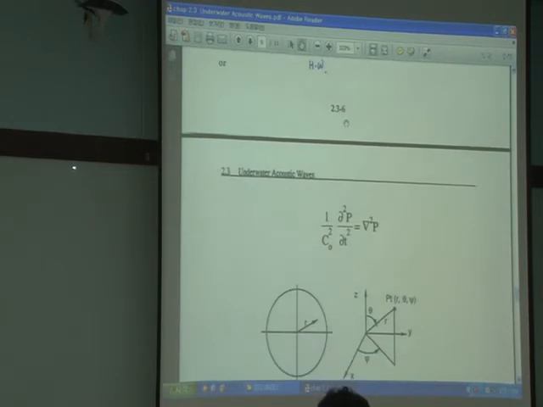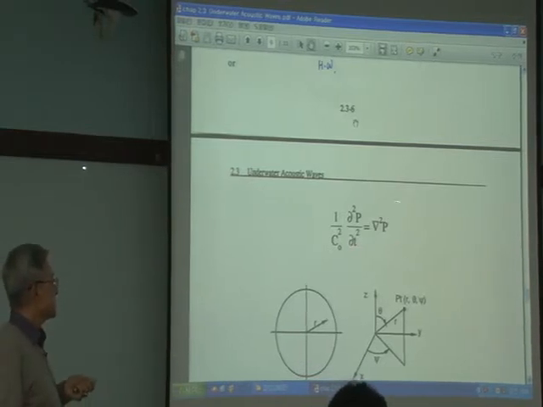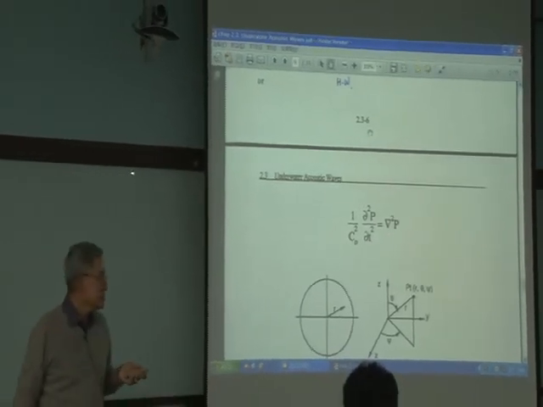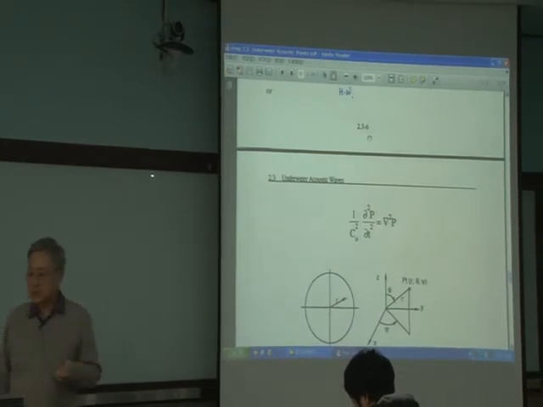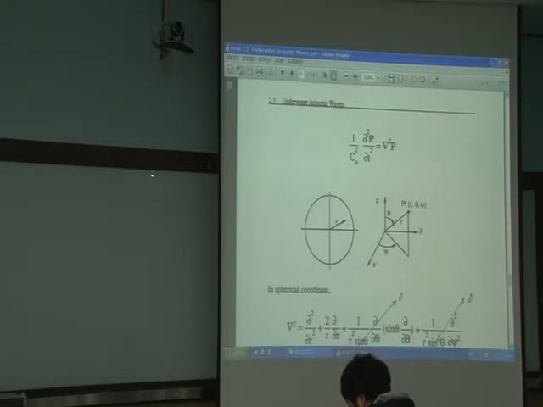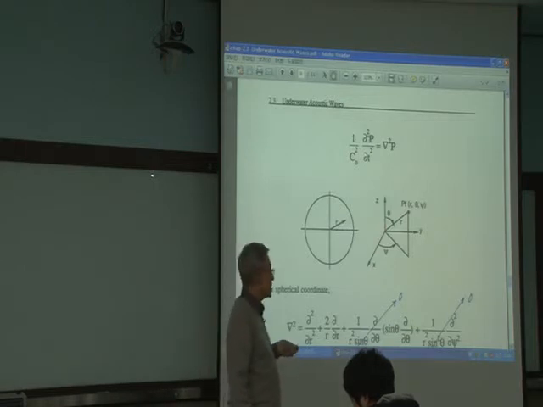Now, we are doing the spherical wave, so bring back the wave equation. This is nothing but the wave equation. The Laplacian expression, del squared P, is readily available anywhere. The spherical coordinate I'm using here is r, theta, psi.